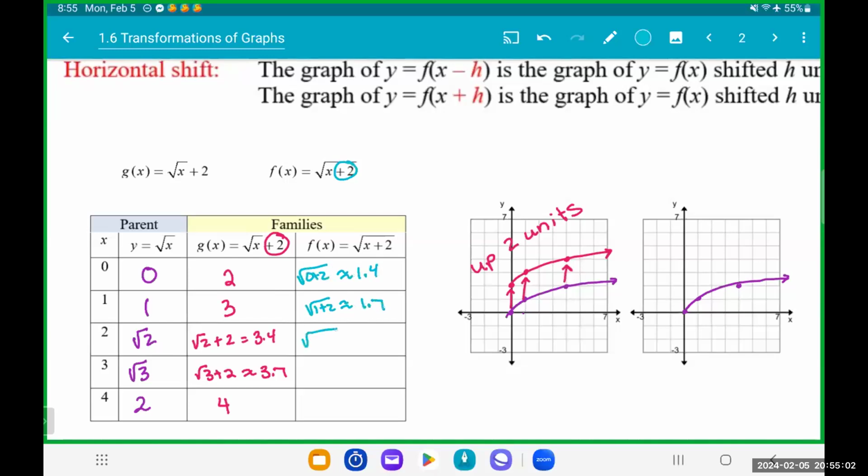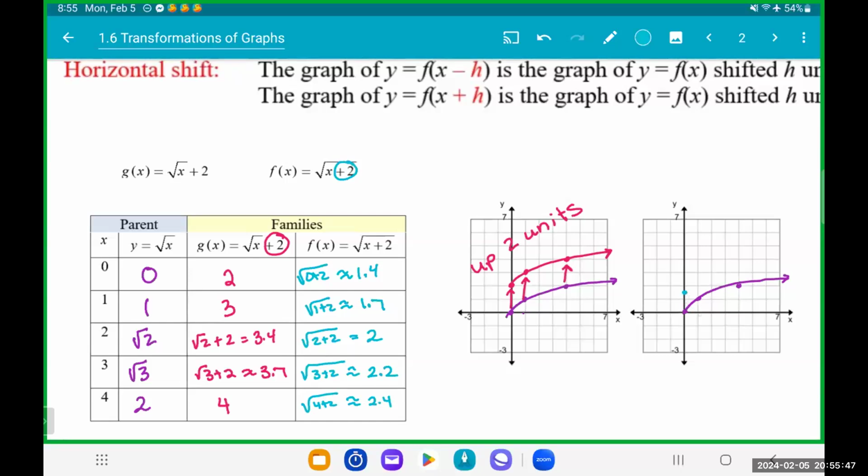This is the square root of 2 plus 2, so that's the square root of 4, which is 2. This one is the square root of 3 plus 2, which is 5, so the square root of 5 is approximately 2.2. And finally, the square root of 4 plus 2 is the square root of 6, which is approximately 2.4. So now at x equal to 0, we have 1.4.